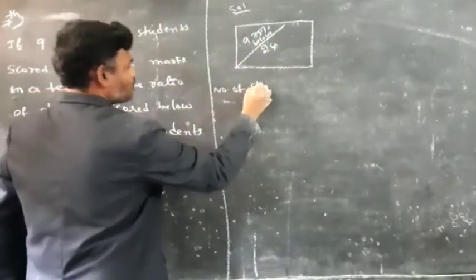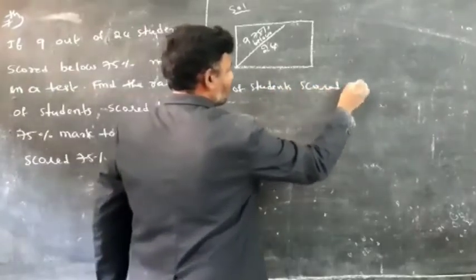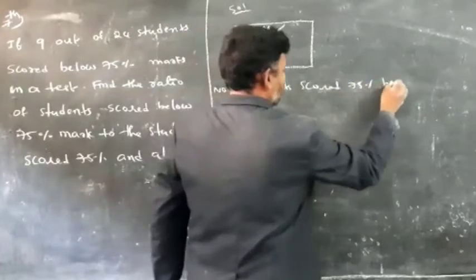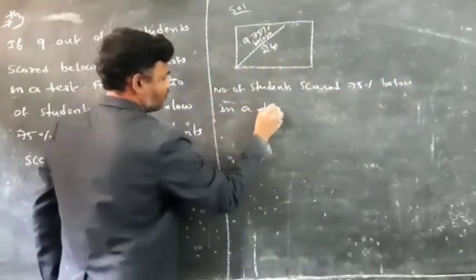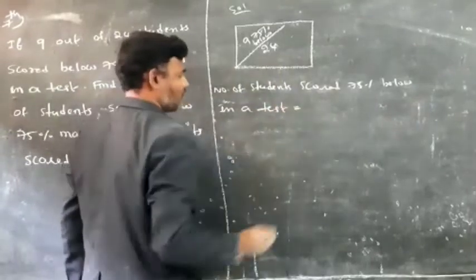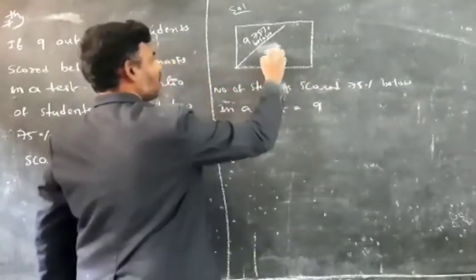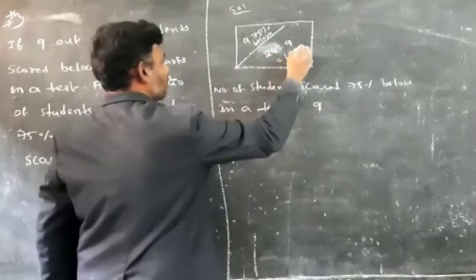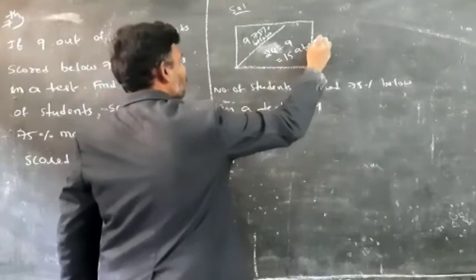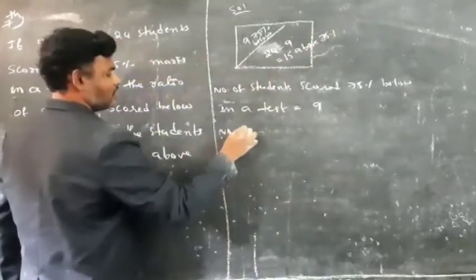The number of students who scored below 75% in a test is equal to 9 students. Then what about the remaining? 24 minus 9 is equal to 15. So 15 students scored above 75%.